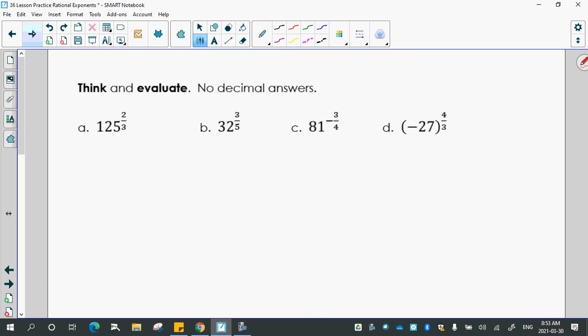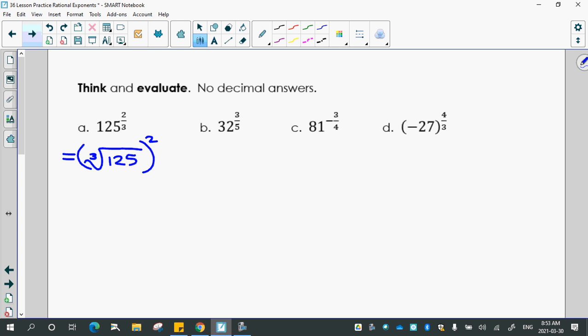Okay, so think and evaluate, no decimal answers. So we would think to ourselves, root first, exponent second. So I would write it like that. The third root of 125, squared.